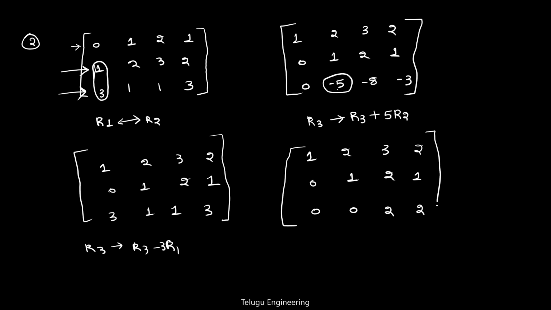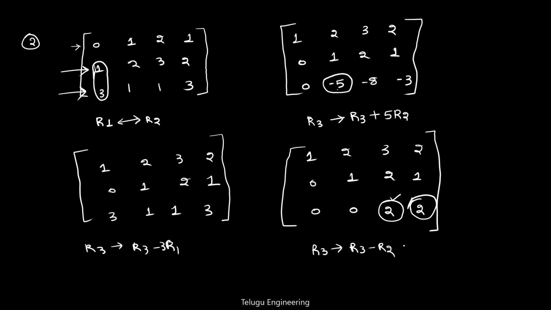So is it possible to reduce these two elements to 0? If we do something to this element, what happens is, for example, if I want to reduce this element to 0, I can do R3 tends to R3 minus R2.